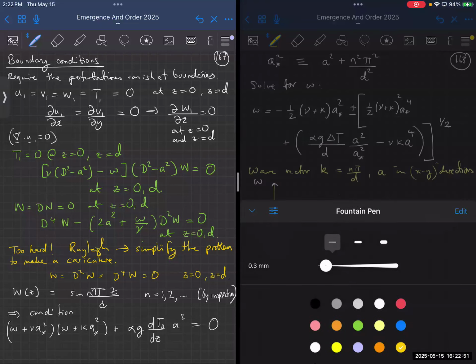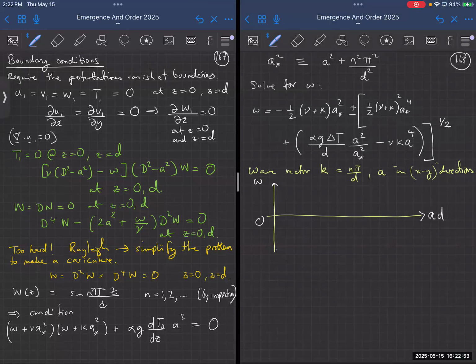So the curve looks something like this. I'm going to label them and I'll tell you what the R means.